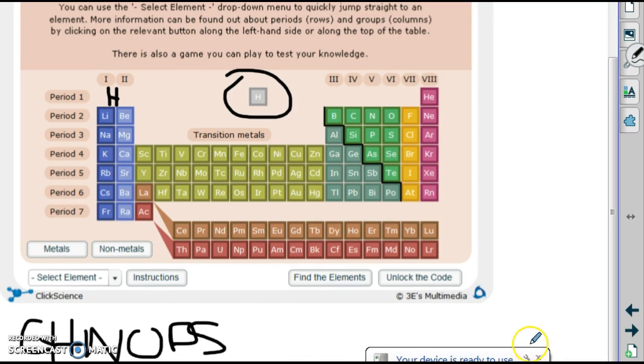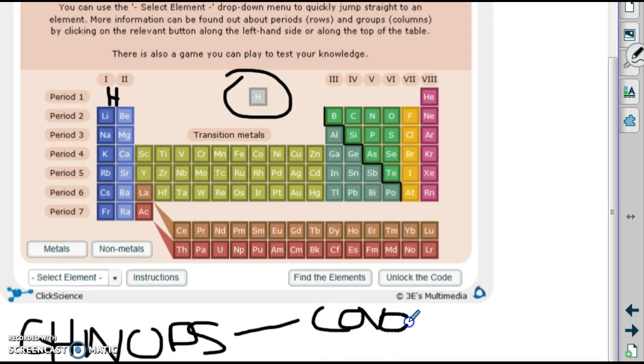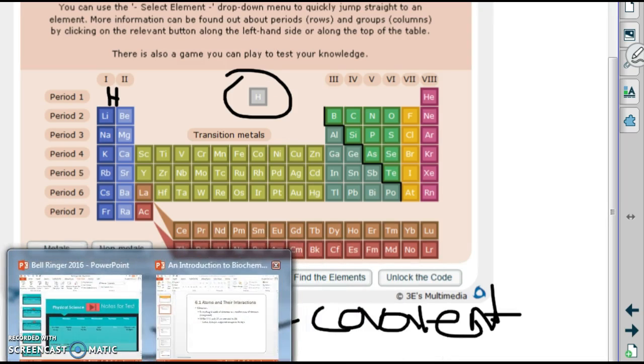So because these are all nonmetals, they are covalently bonded. So that's just two or more nonmetals. So let's look at what makes the different types of bonds and review those with you.